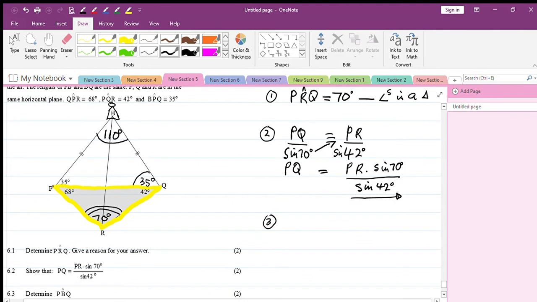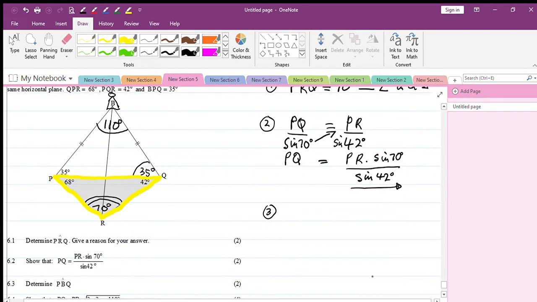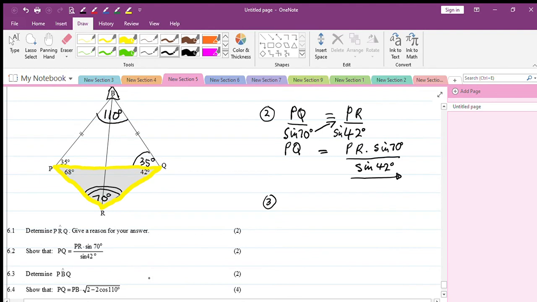PBQ, we have P, we have B, and we have Q. And we already have indicated that PBQ will be equal to 110 degrees. Okay, so the first thing we will write is that angle BQP is equal to 35 degrees.